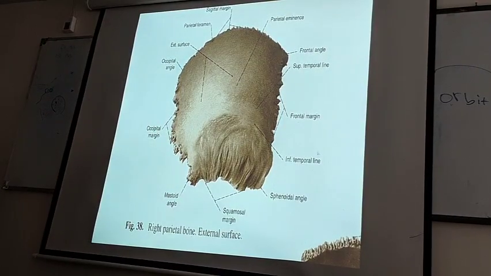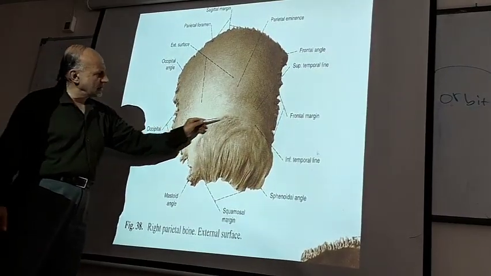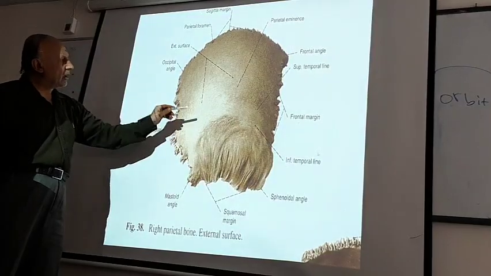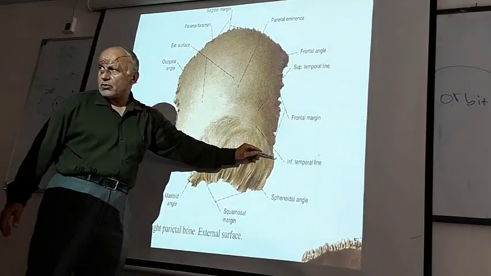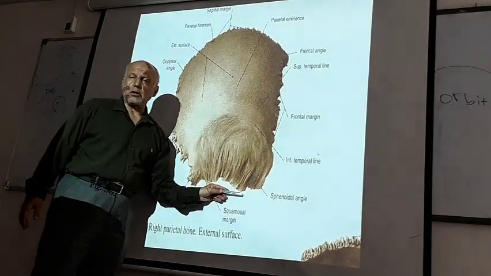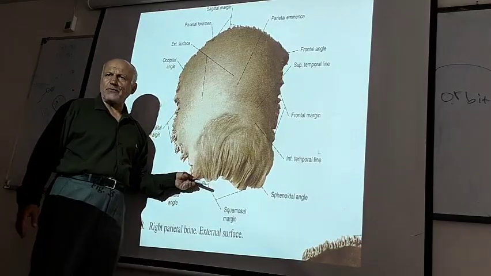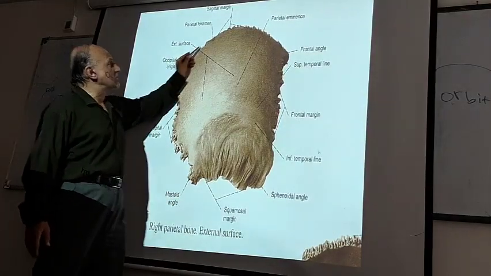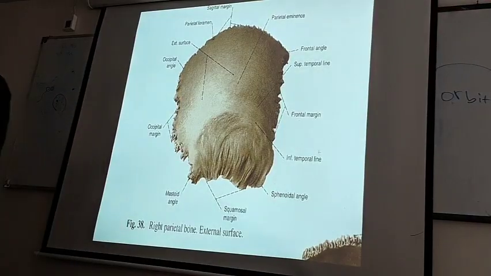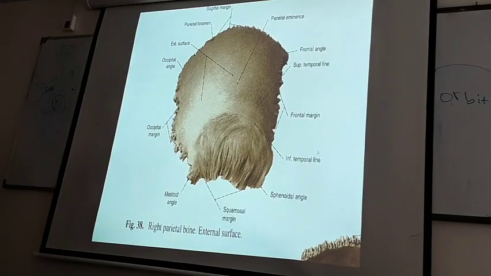One line is here, the superior temporal line. One line is here, the inferior temporal line. It has an anterior or frontal border, a posterior or occipital border, an inferior or squamosal border because it articulates with the squamous part of the temporal bone, and a sagittal border, which articulates with the other parietal to form the sagittal suture.